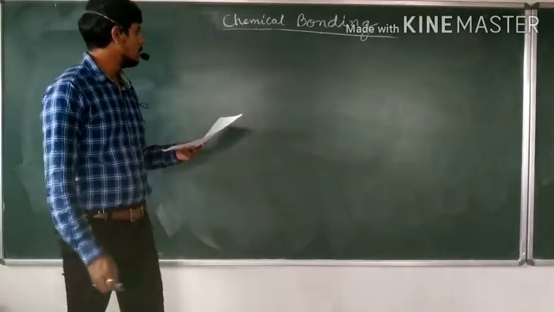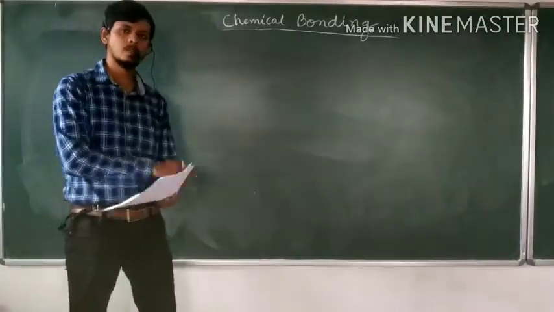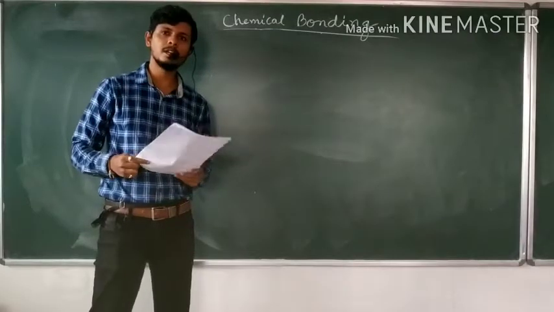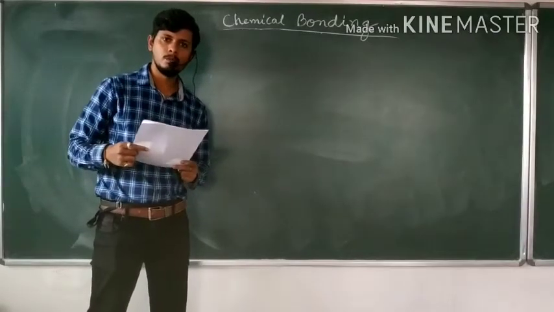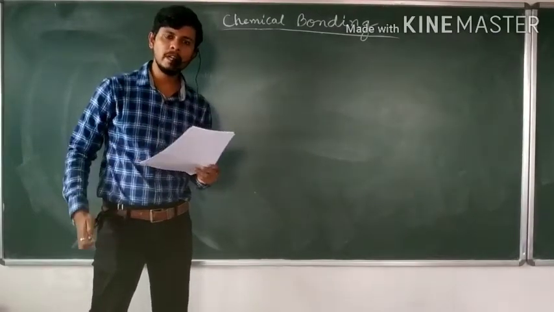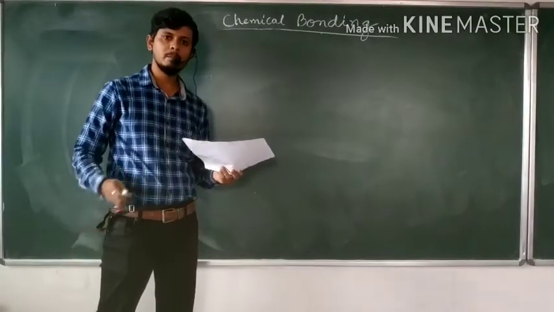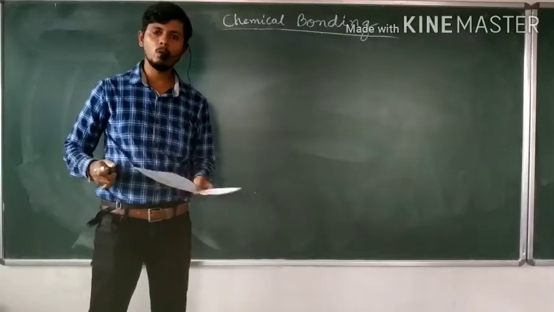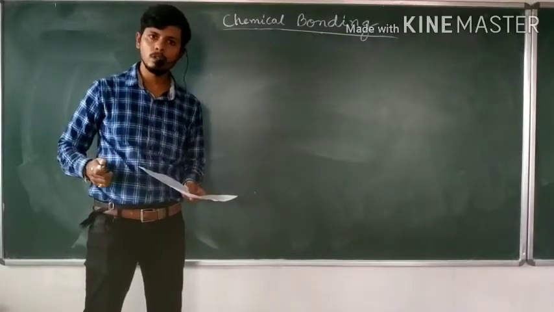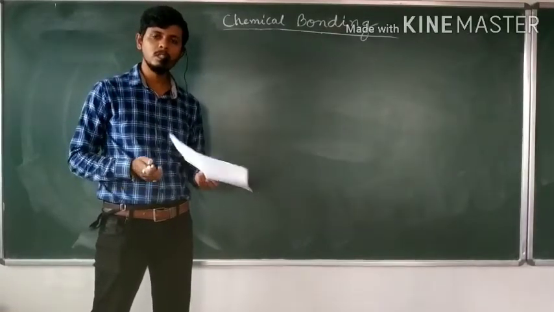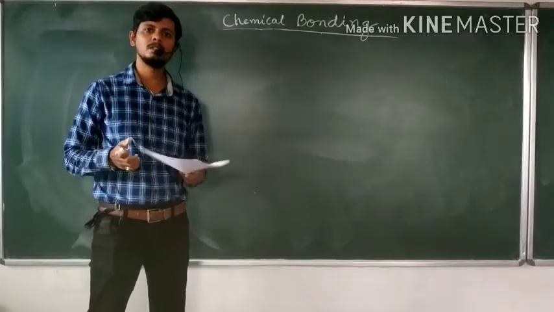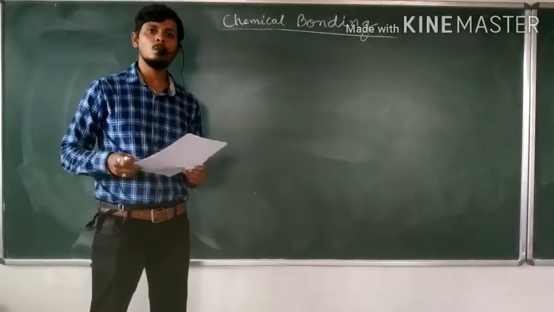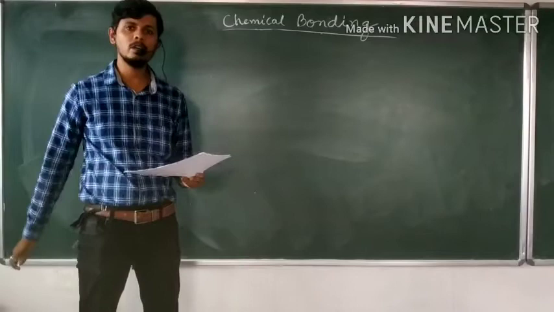So before going to the next question, let us try to understand the set of rules which qualitatively explains, or which can be used to compare, the percentage ionic character or covalent character of molecules. These are the set of rules which tell us about the covalent character in ionic compounds.